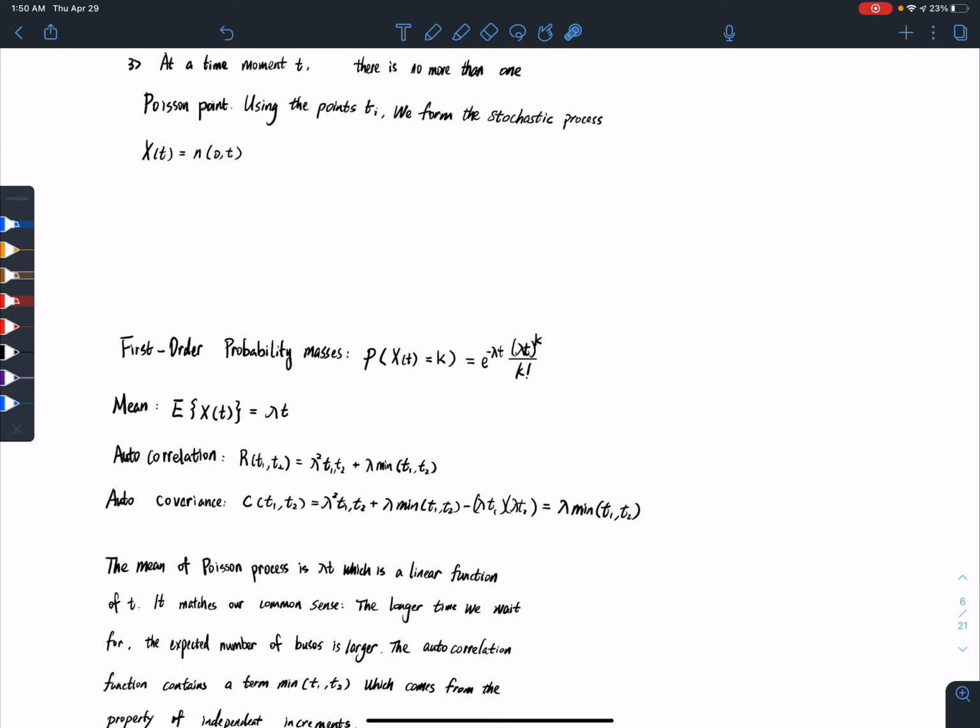and the mean value, the expected value of x(t), is equal to lambda times t.